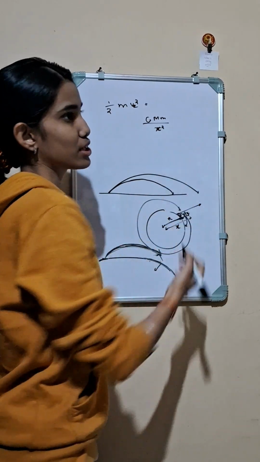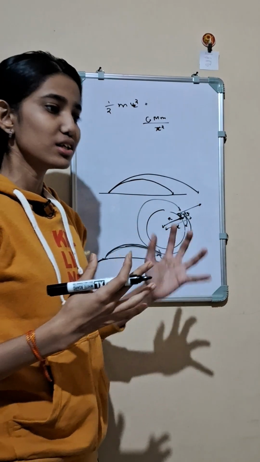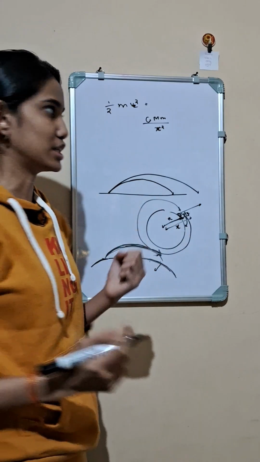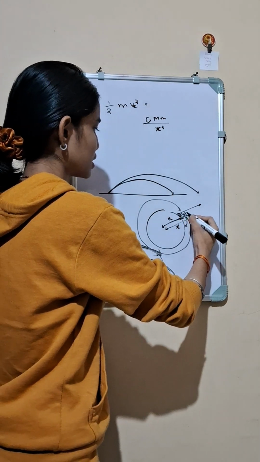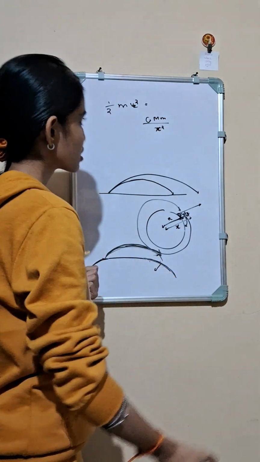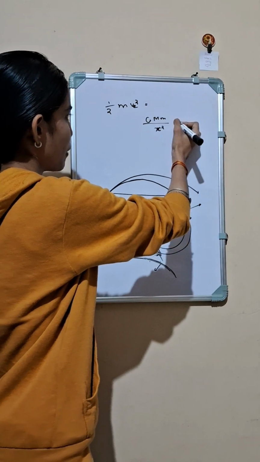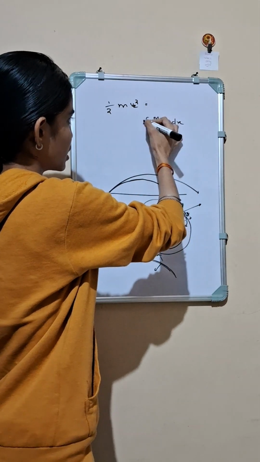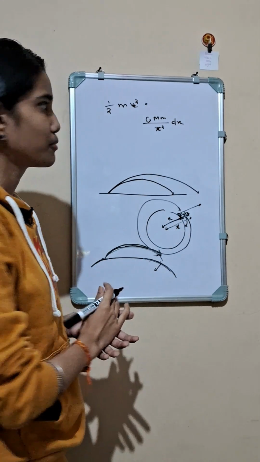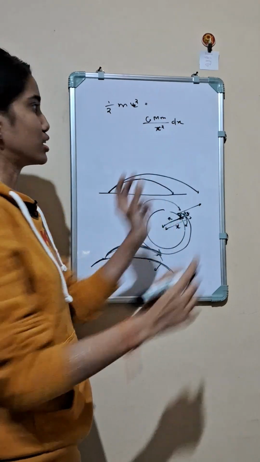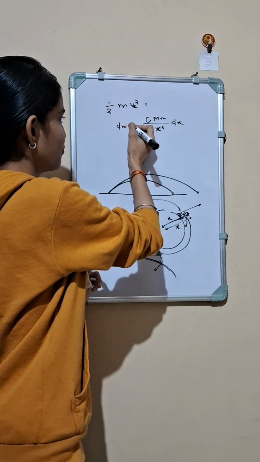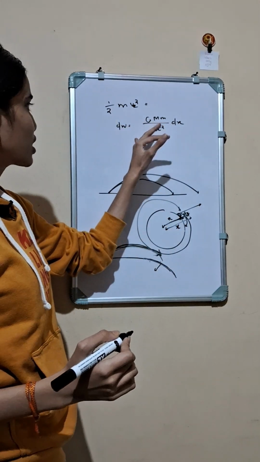We know about work done. What is work done? Work done is force times displacement. Let us suppose this displacement is dx. So we can say that G M m by x squared, the force, times dx is the small work done, that is dW. So what will be the total work done?